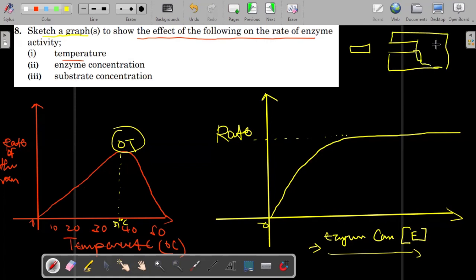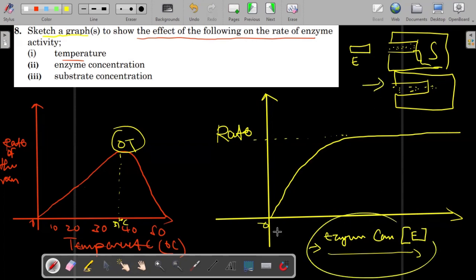So this here can be the substrate, this can be the enzyme. As you are adding more enzymes, these enzymes are going to be binding on the active sites of these substrates. You have another substrate maybe somewhere there, and another one just like that. As you are increasing the enzyme concentration, more of these substrates are being bound. So you are going to reach a point where you have no more substrate for these enzymes to bind on.